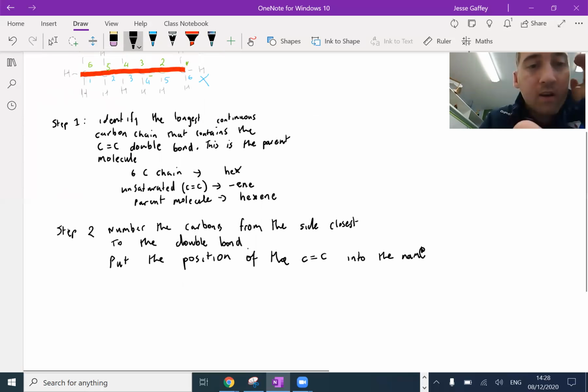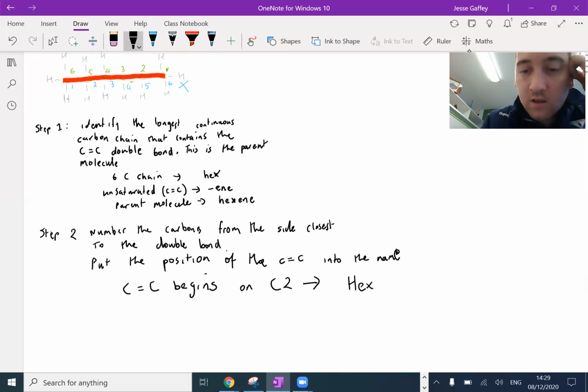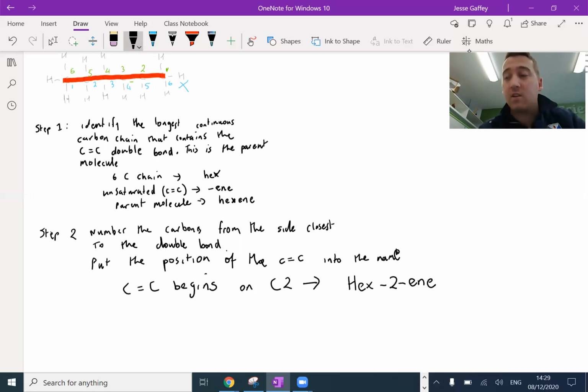So, looking up here, the carbon-carbon double bond begins at carbon 2. Therefore, we're going to call this hex-2-ene. And as usual, numbers and words are separated by a dash. That's also familiar to us from naming alkanes. So hex-2-ene.